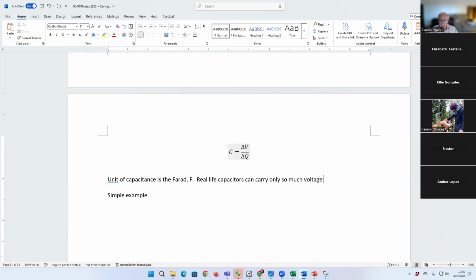If you exceed this voltage, you can damage your capacitor.